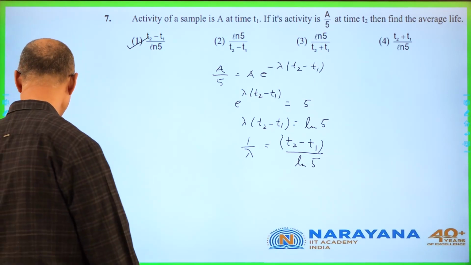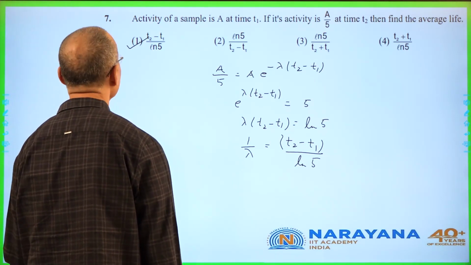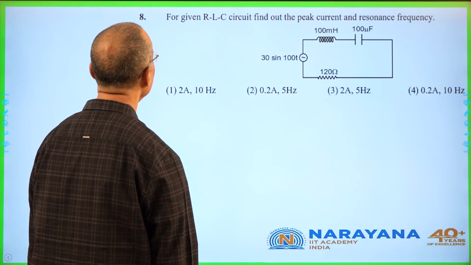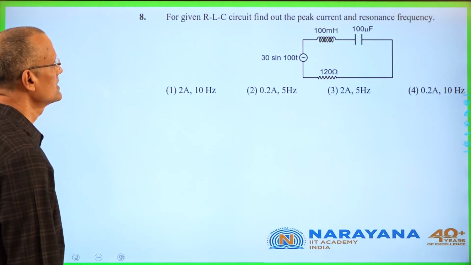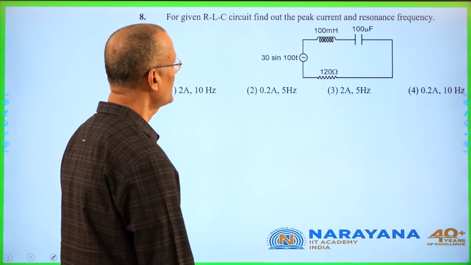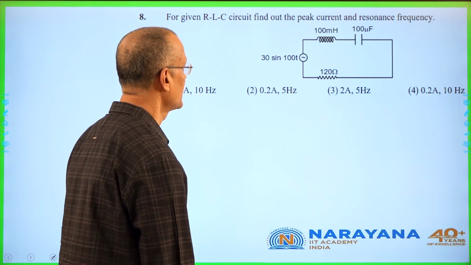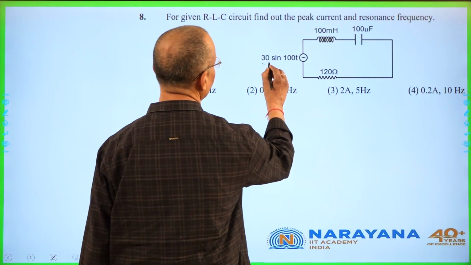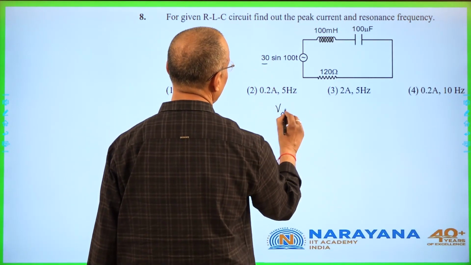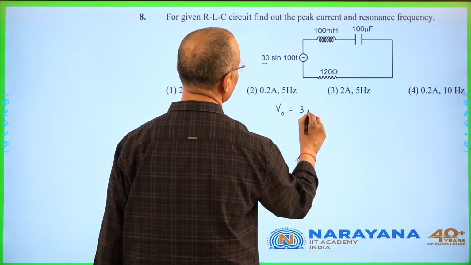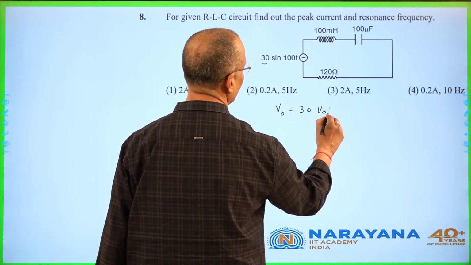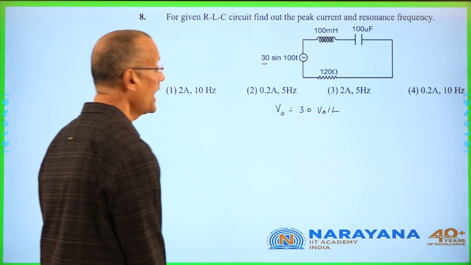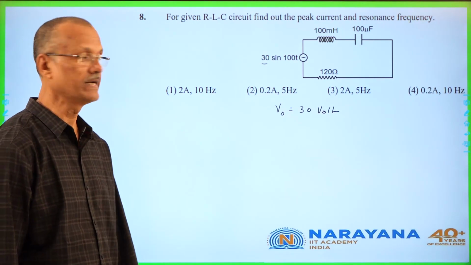Let us move to next question, question number 8 now. For a given LCR circuit, find the peak current and resonance frequency. The peak voltage I need first. This is V0, it is 30 volt. And now you need impedance.